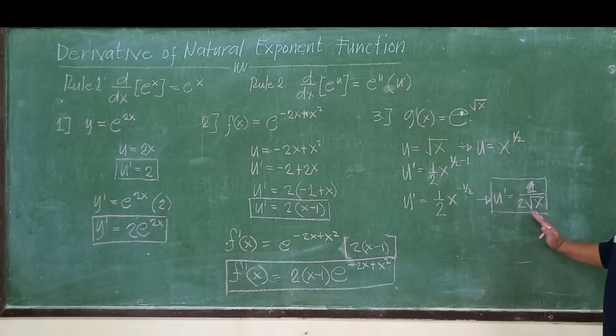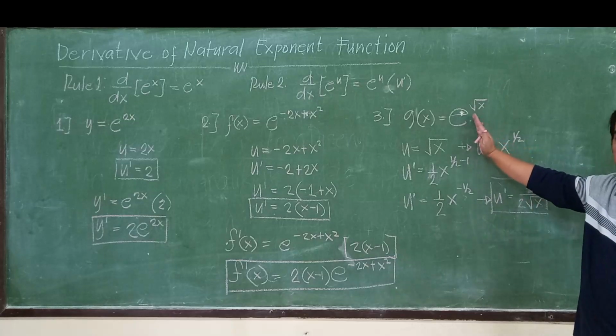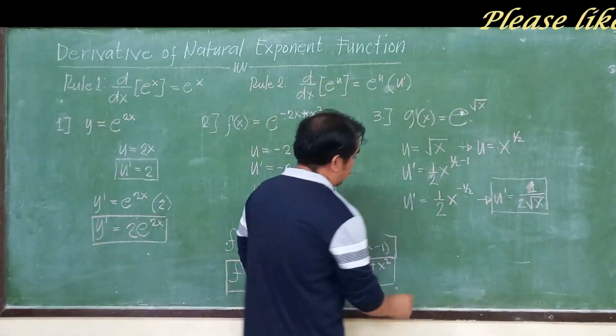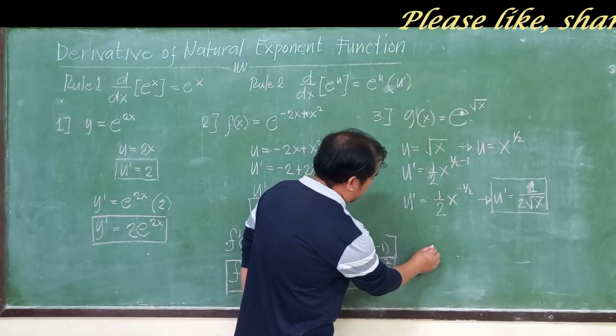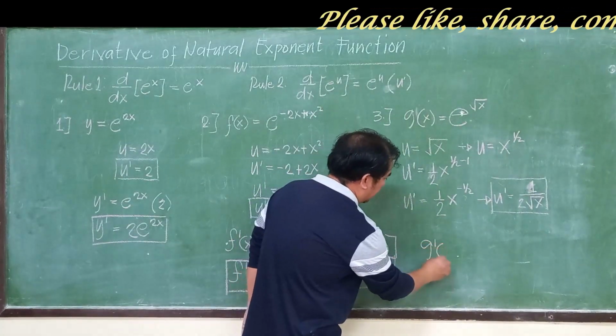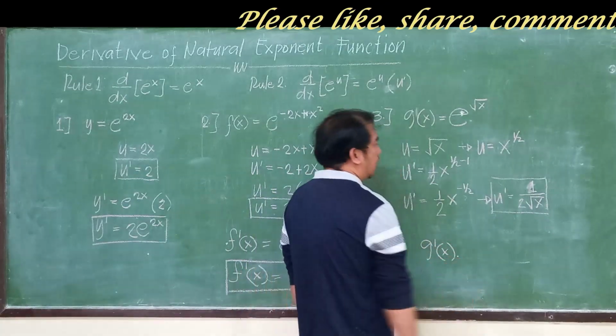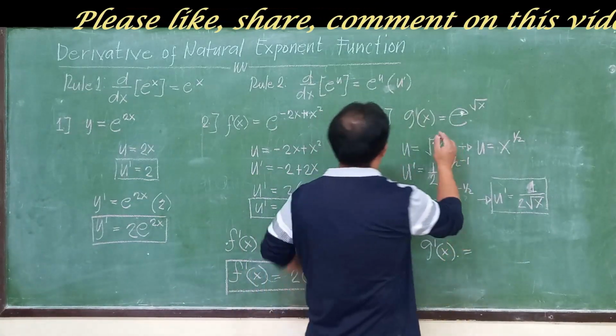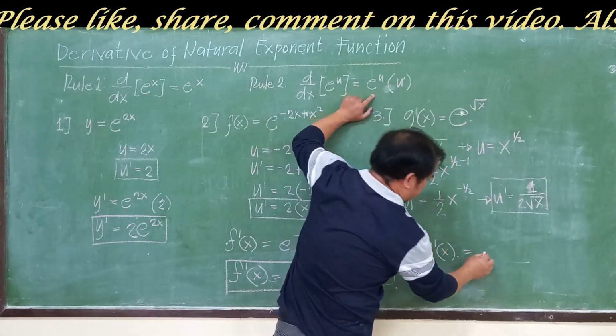Now, having said that one, we are now ready to get the derivative of the whole function. So g prime of x is equal to the original problem. So what is the original problem?